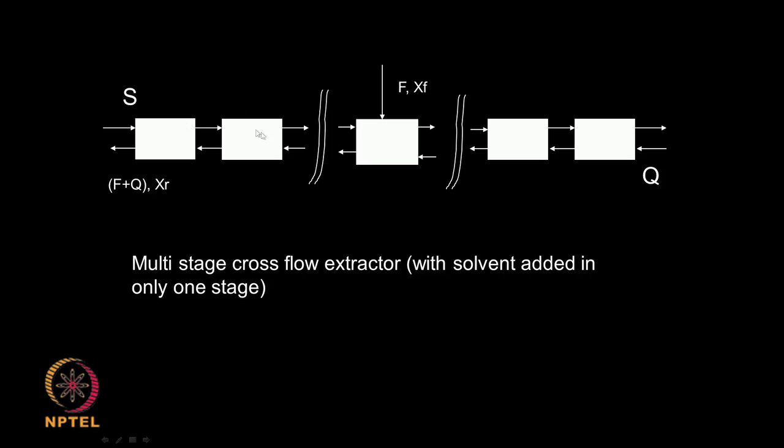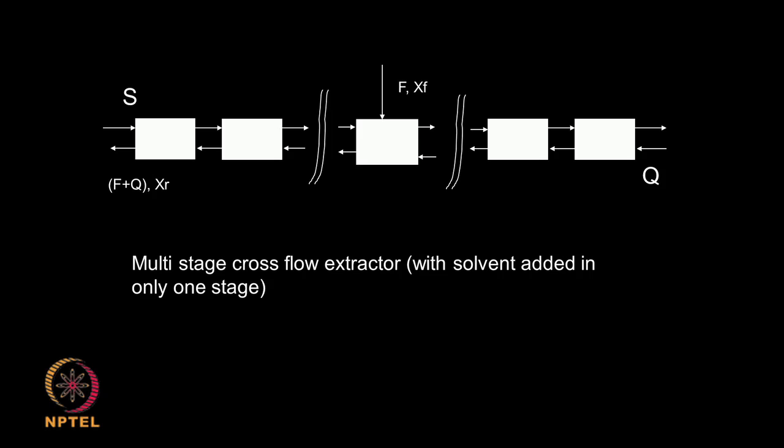That is because your F changes from here to here, that is, the amount of the heavies, the amount of the aqueous feed changes here. So, E also will change for this portion as well as for this portion. So, those terms will come into the equation.